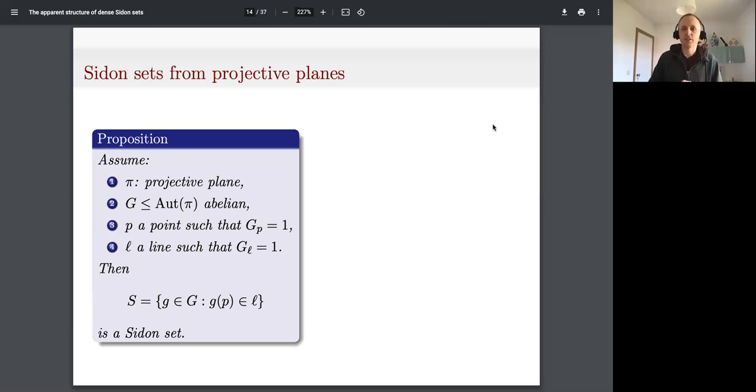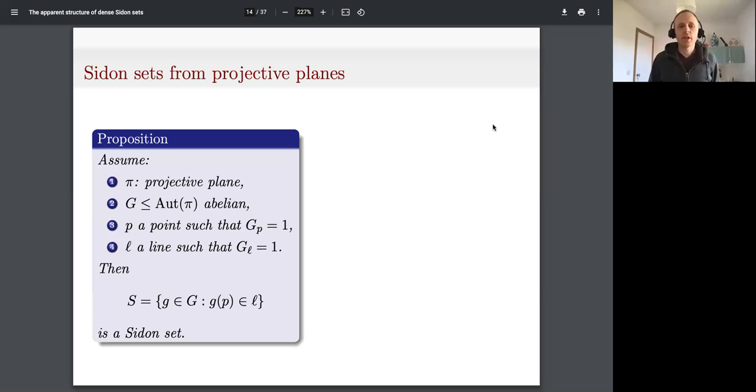So that's an equivalent definition. Okay, so you have a projective plane. And then you consider the automorphism group of your projective plane. So an automorphism of a projective plane is some way of moving around the points and some way of moving around the lines in such a way that you preserve all incidences. Okay, so that's a group.